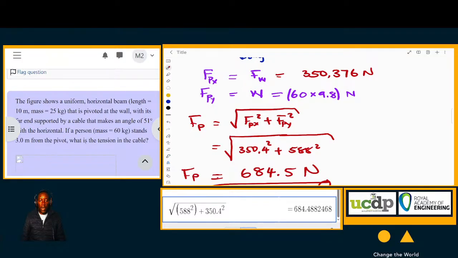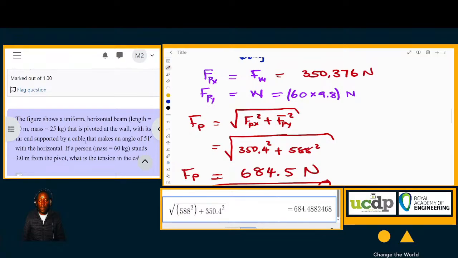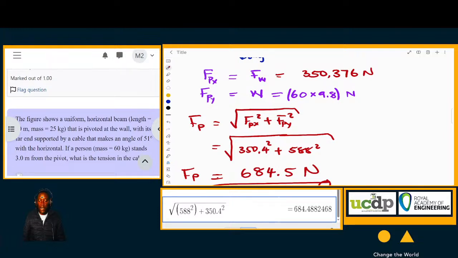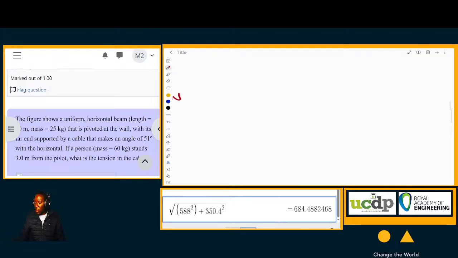Okay, so a different one is question 13. The figure shows a uniform horizontal beam of length 10 meters, mass 25 kgs, that is pivoted at the wall with its far end supported by a cable that makes an angle of 51 degrees. So I'll try and draw this one for you.